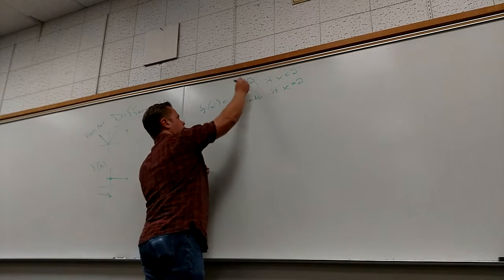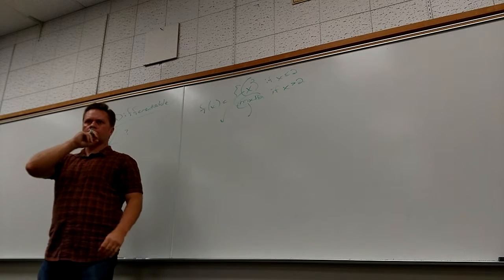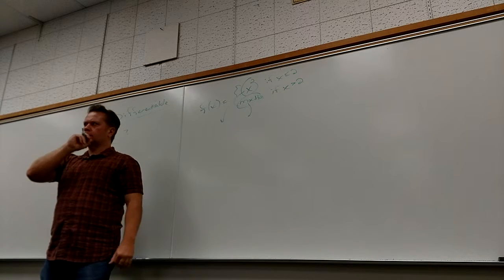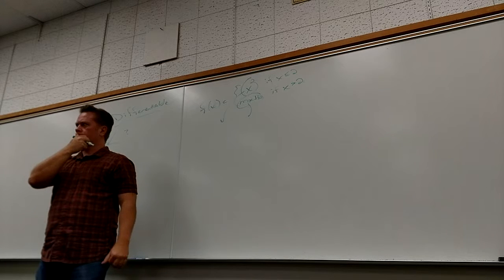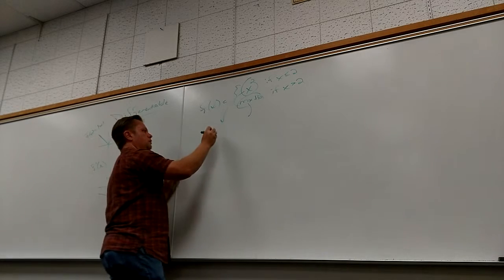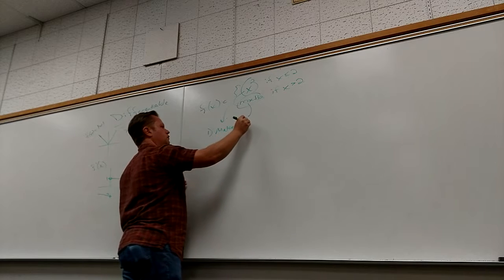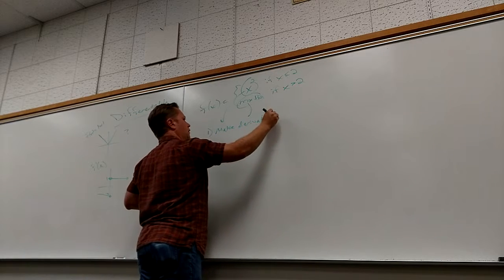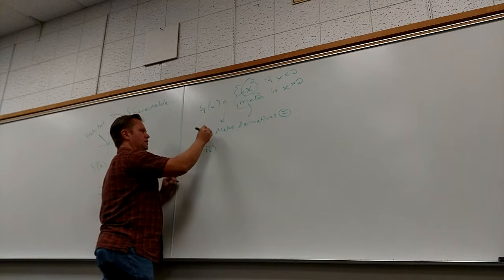So you can take the derivative of this, and the derivative of that, and make them equal each other at 2. Now what else has to be true? So that's one thing. Make the derivatives equal. What else has to happen?